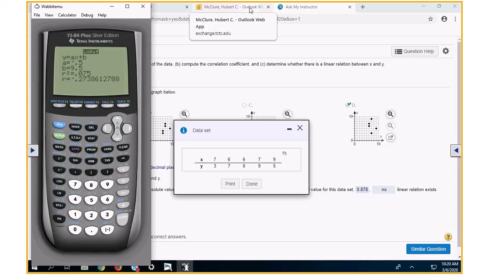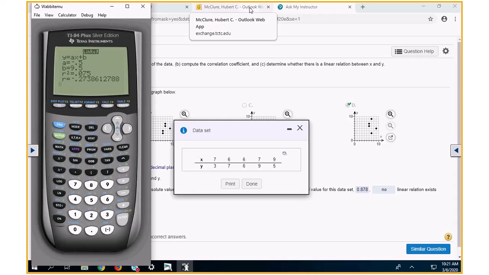Because I need glasses. Okay. Let me see it. 76679. 37695. It looks like you got them all in. Go to stat, calculate linear regression, L1, L2.